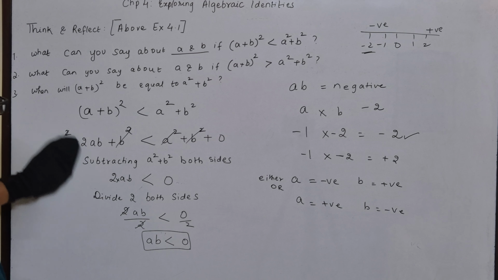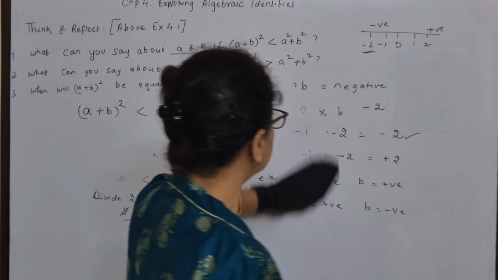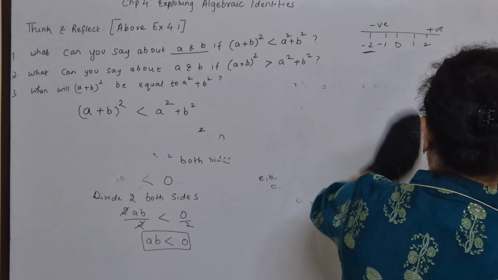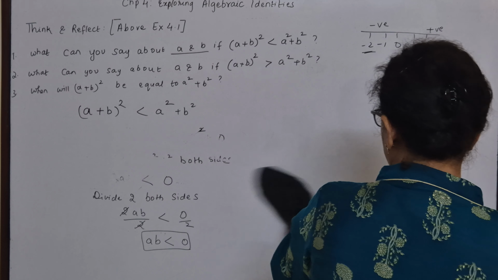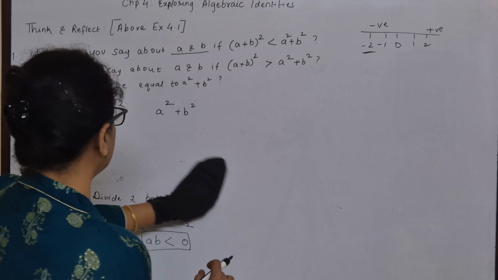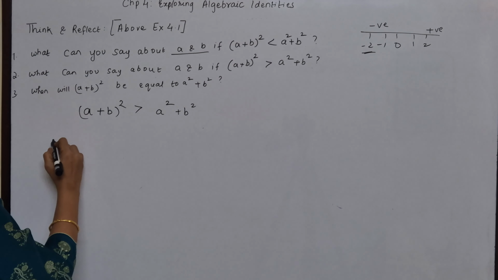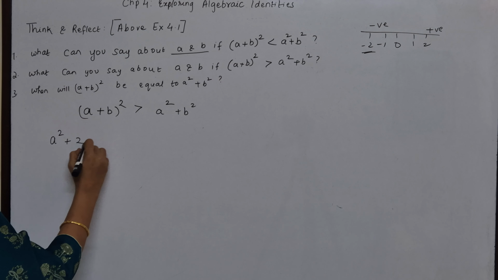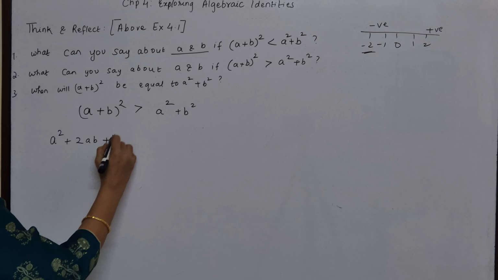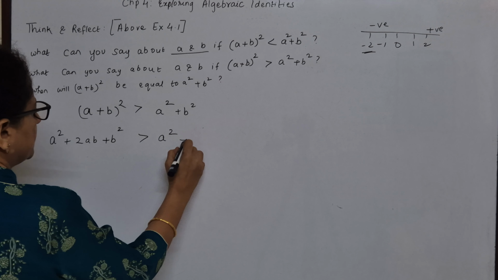Okay. Now same question, only thing is instead of the less than sign, they have put the greater than sign. So only this is getting changed, so the same thing we have to do here also. (A plus B) the whole square is A square plus 2AB plus B square, and this is greater than A square plus B square.